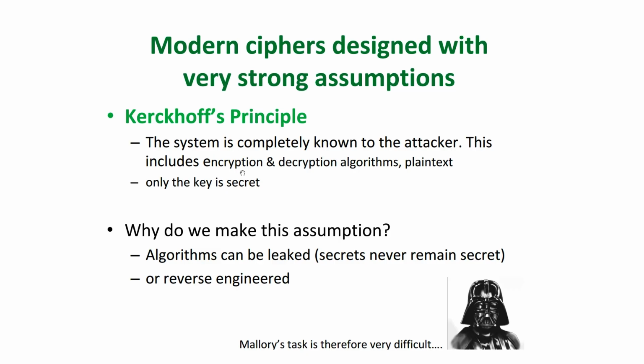Stronger assumptions are also made, where the attacker can choose the plain text that he wants to encrypt, or in other circumstances choose the cipher text that he wants to decrypt. The only thing that is unknown in all of this is the secret key.